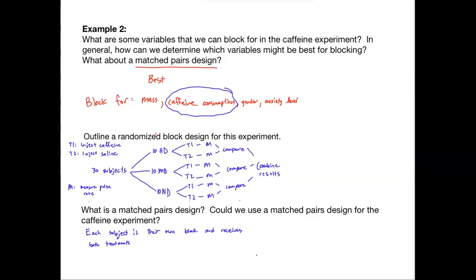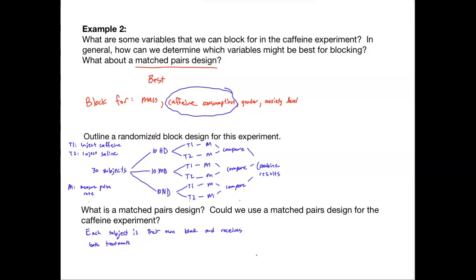And what you would need to do is randomize treatment. So it's not like everybody gets the caffeine injection on day 1 and then the saline injection on day 2. You would have to actually randomize the order for every individual person because the day could possibly influence the effect, right?